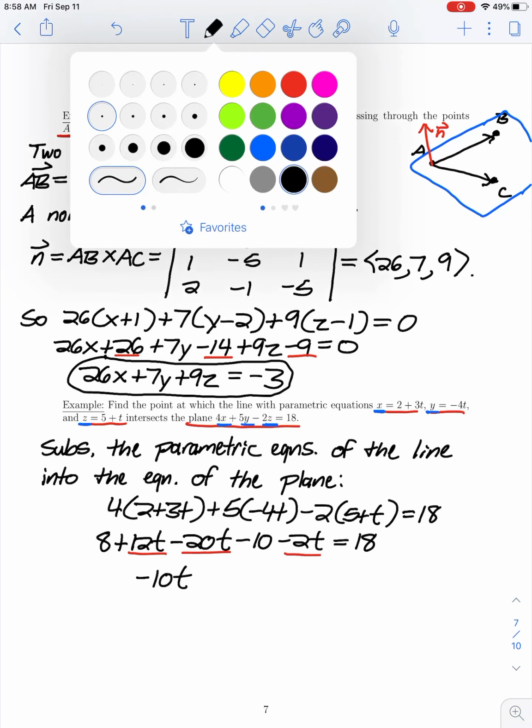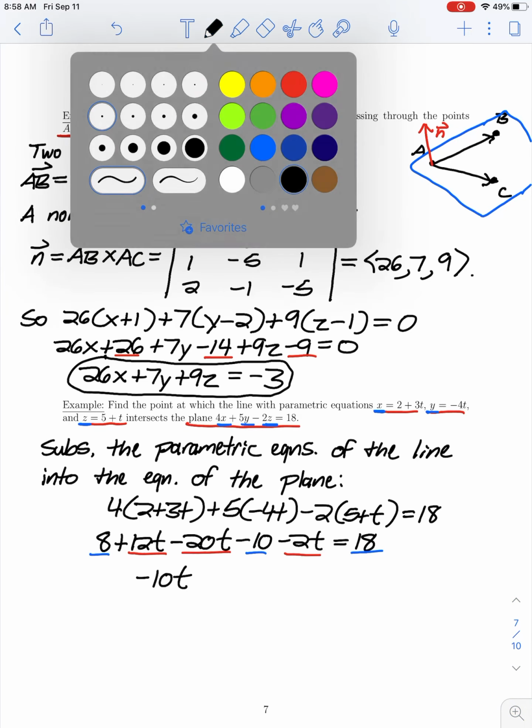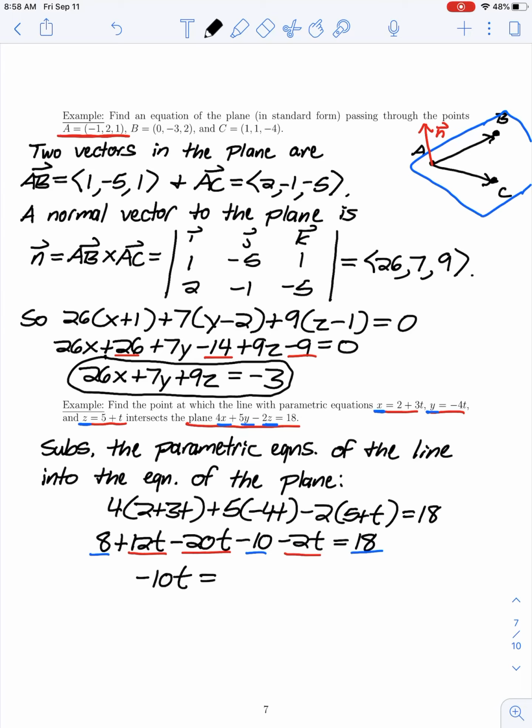And then grouping all of our constants together, well, we had 8 minus 10 is negative 2 on the left-hand side of this equation. If we add 2 to both sides, then we would have this negative 10t is 20. So it follows that t is negative 2.